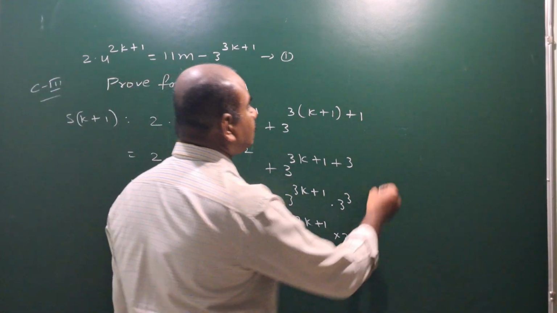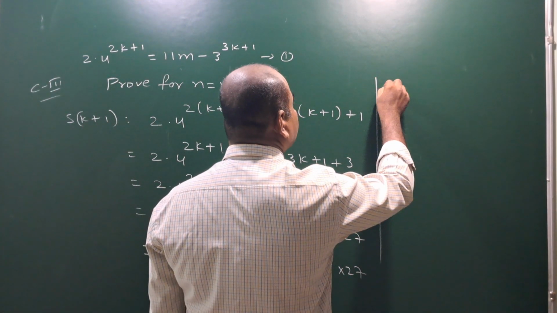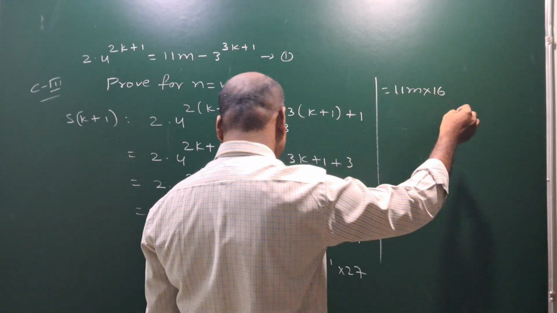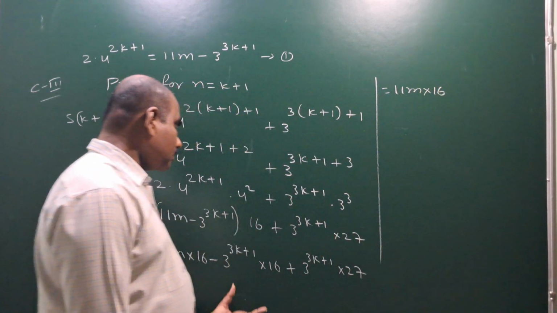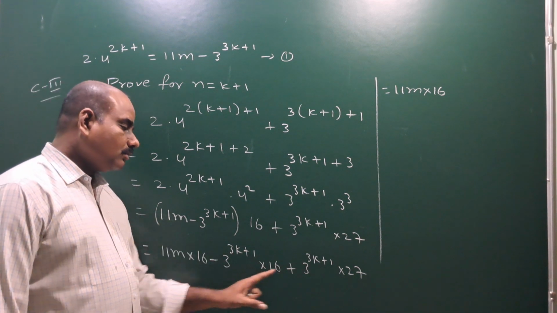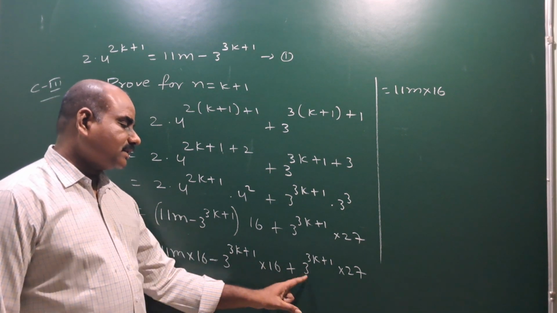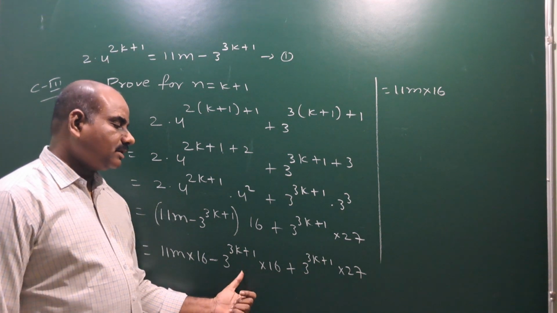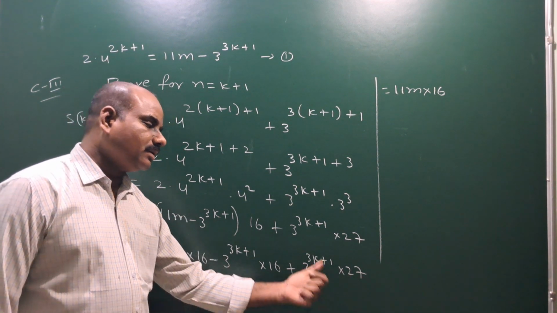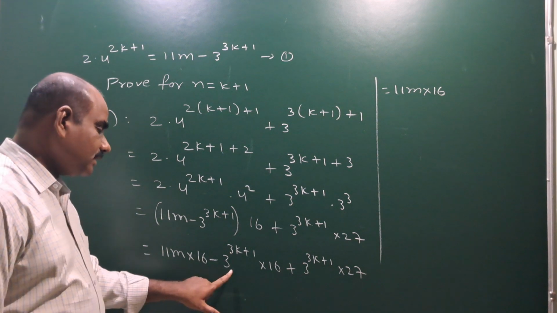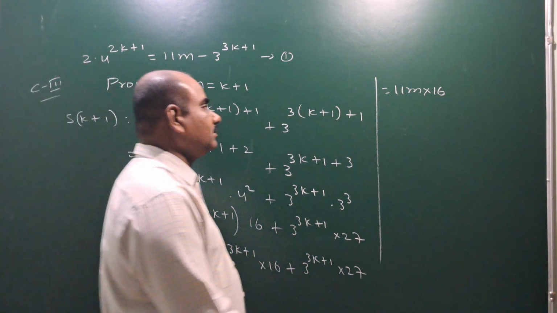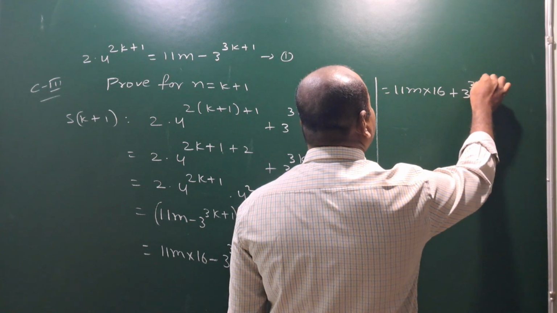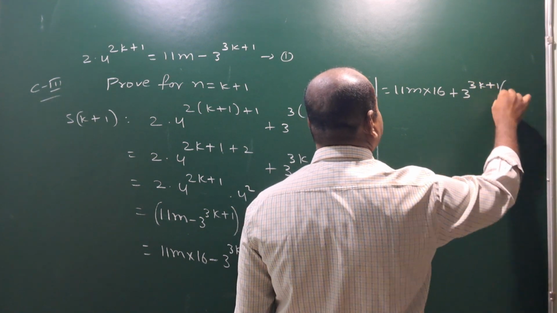This is equal to 11m × 16. Here these two terms are like terms, both containing 3^(3k+1). Here 16 of 3^(3k+1) are there, and here 27 of 3^(3k+1) are there. So take 3^(3k+1) as common.